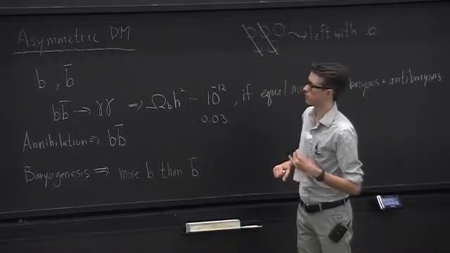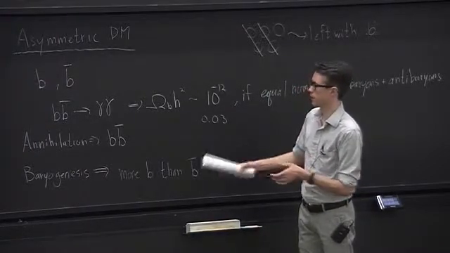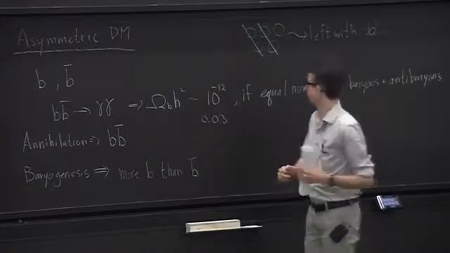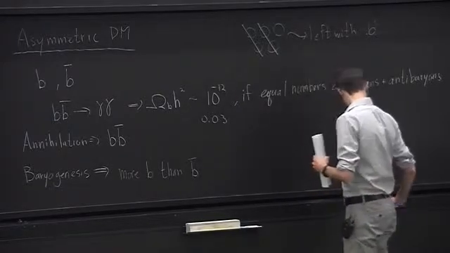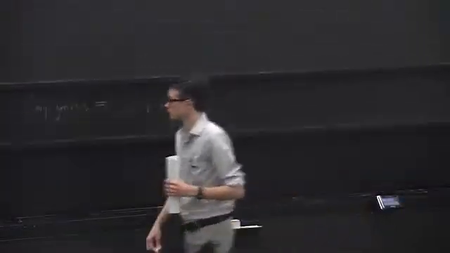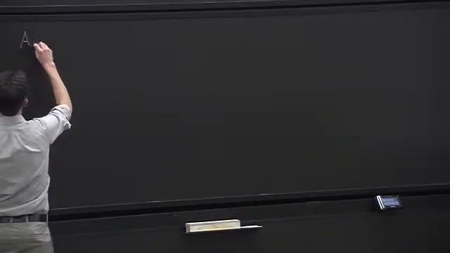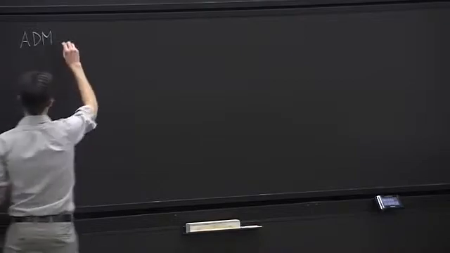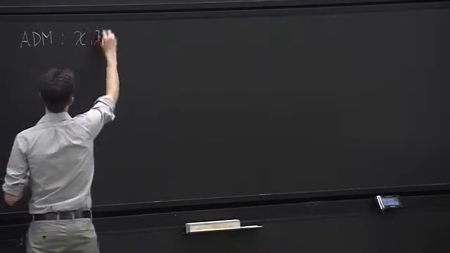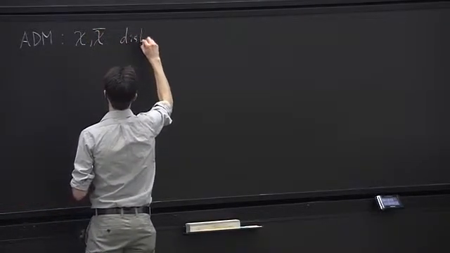So the idea of asymmetric dark matter is to essentially take this picture and just copy it for dark matter. So for asymmetric dark matter, or ADM, I have distinct chi and chi bar that are distinct.